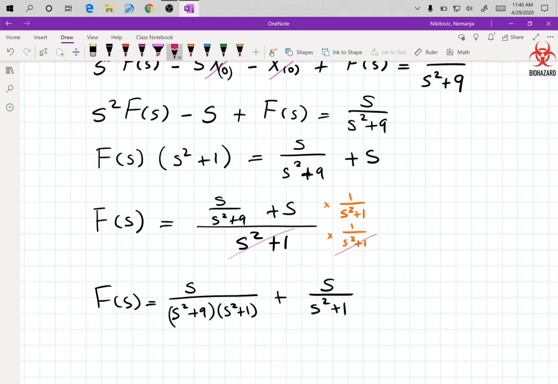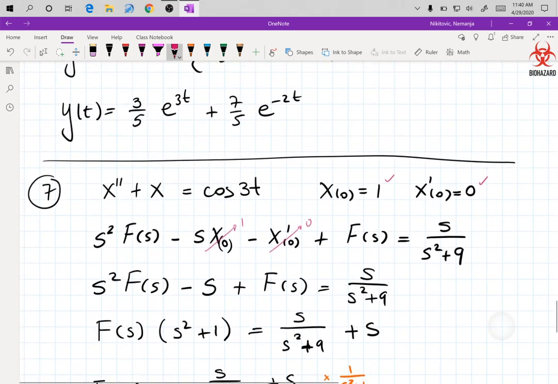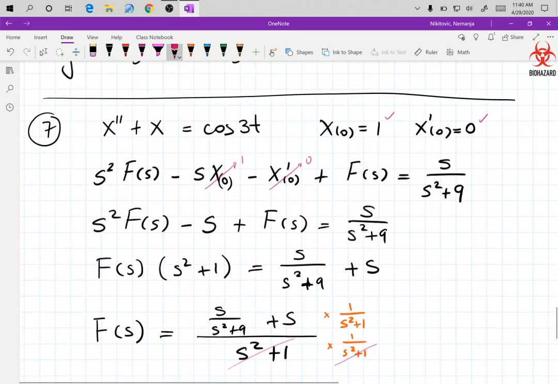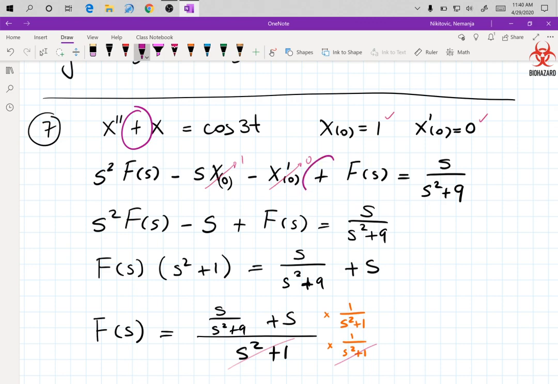Wouldn't it be minus fs? Would it be minus fs? No, it's a plus fs in the problem, unless I copied the problem wrong. Problem number 7. It's a plus in the problem, so it's a plus there.